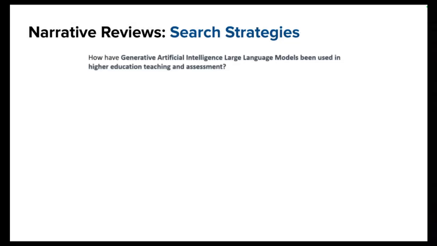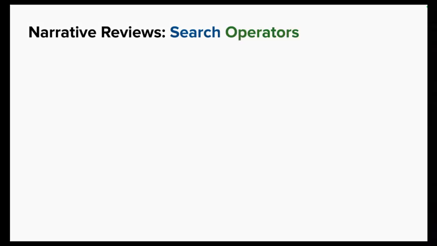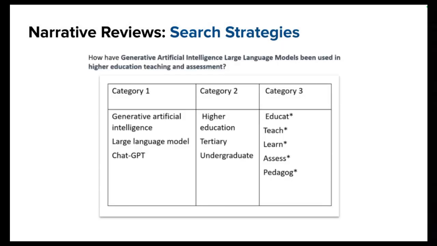So going back to our generative AI example, here we have our three categories again. We're going to talk about, now that you have a bunch of synonyms, maybe some truncation like we see on the far right, making sure you're cutting off the end of the word to say, hey, database, find me anything with these core root words. It doesn't matter what comes after.